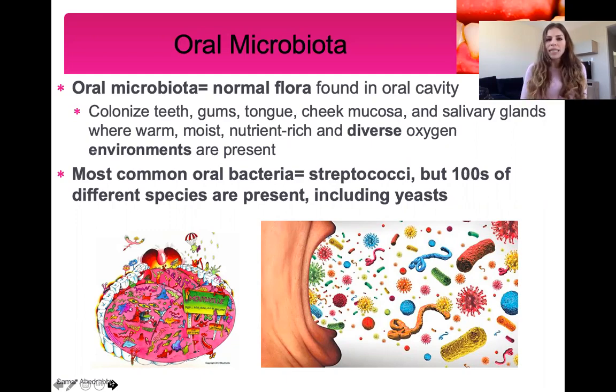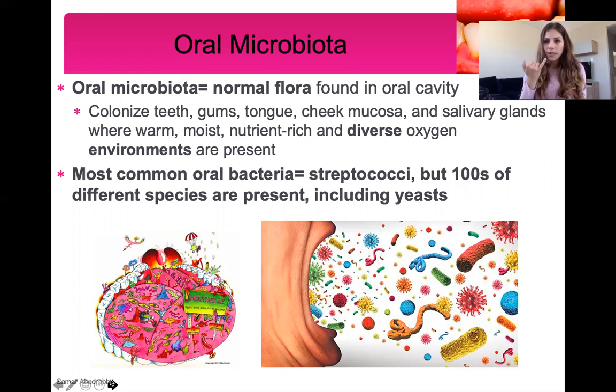So we see so many different types of bacteria, but the most common oral bacteria we see is streptococci, and there's many different types, but this is the most common bacteria we see. So there's all different types of bacteria. There's rods, there's coccus, there's gram positive, there's gram negative. Everything you can envision is in the mouth.